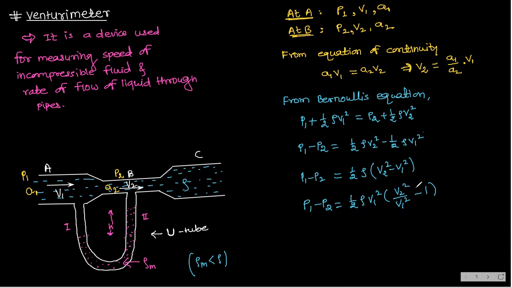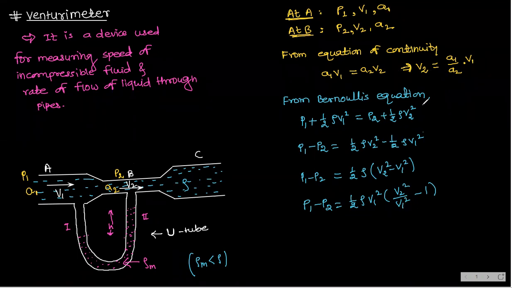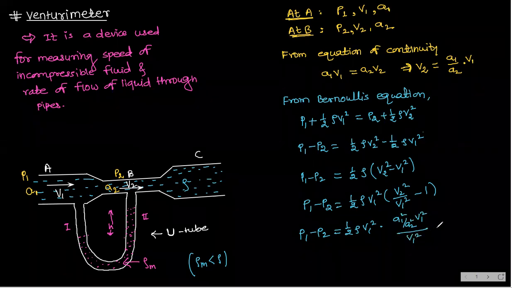Now V2 square by V1 square is what? From this you will get A1 by A2 into V1 whole square at the place of V2 square, and therefore P1 minus P2 is equal to half rho V1 square into A1 square by A2 square, V1 square divided by V1 square, minus 1. This you understood?